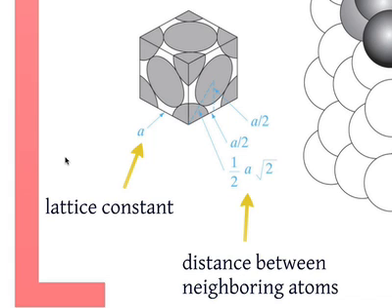And you can figure out the geometric dimensions very easily. If a is the lattice constant, the dimension that is repeated, then you can define this distance as a/2. And if this is a/2 as well, then using the Pythagorean theorem, this is the square root of (a/2)² + (a/2)², which is just a/√2. Now why is this distance important?